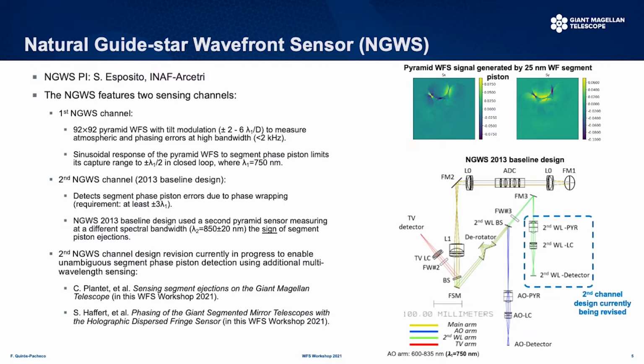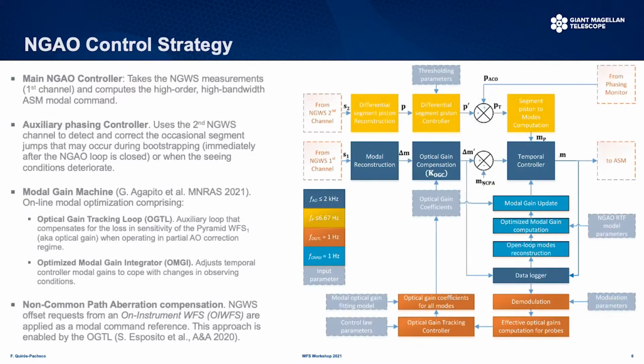The design of this second channel is currently under revision, and it should enable unambiguous segment phase piston detection using additional multi-wavelength sensing. There will be a couple of talks in the main program of this workshop by Cedric Plantet and Sebastian Haffert on some of the alternatives in consideration.